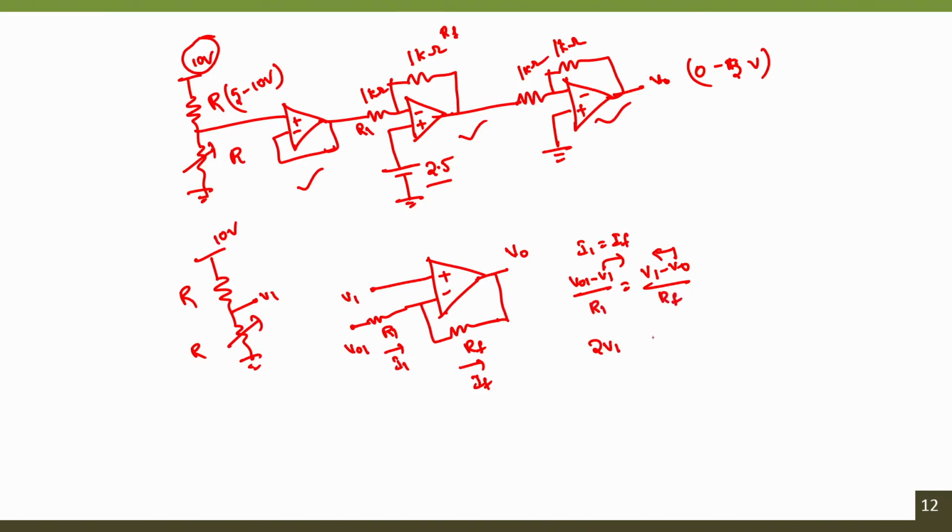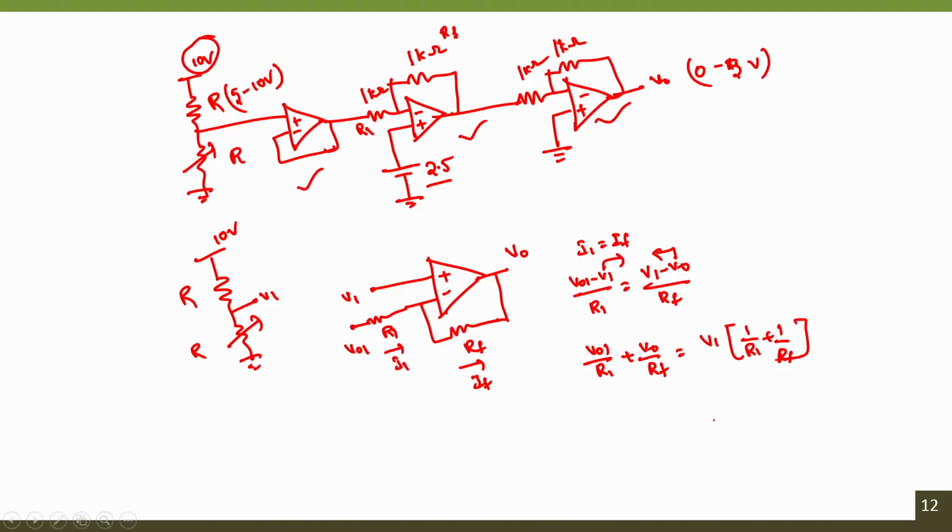If I take it in this direction, VO1 by R1 plus V naught by RF is equal to V1, if I take a common, 1 by R1 plus 1 by RF.